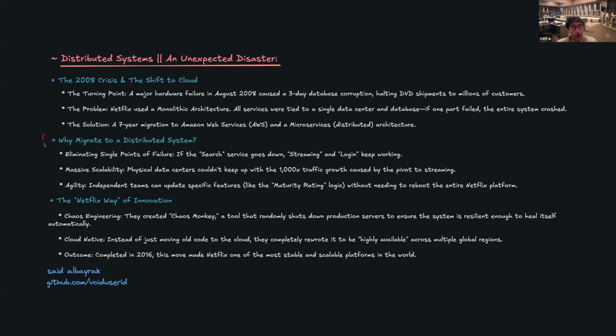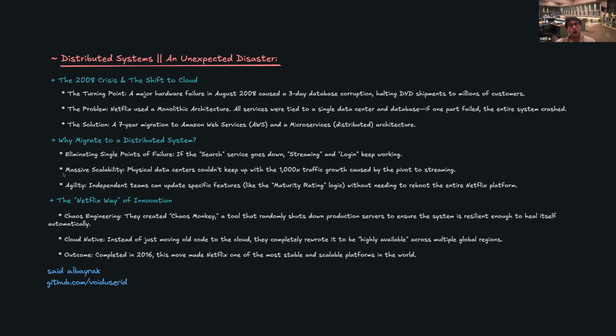So why did they come up with such a solution? They studied what their mistake was and why it happened, right? They wanted to eliminate single points of failure. If the search service goes down, streaming and login keep working.